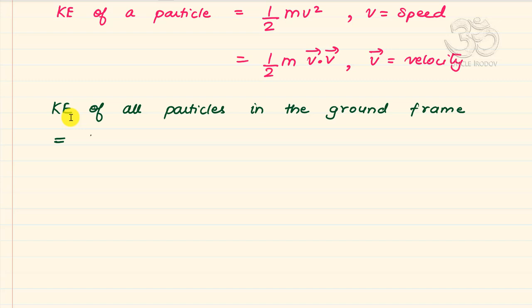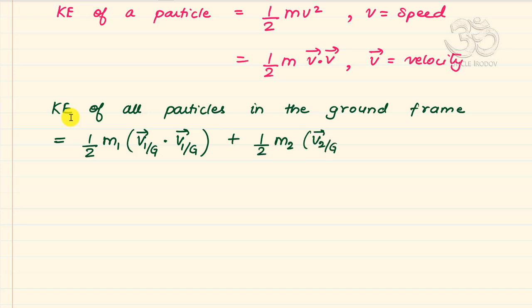So maybe half m1 and velocity of 1 in the ground frame dot velocity of 1 in the ground frame, plus half m2, and I'm going to have velocity of 2 in the ground frame dot velocity of 2 in the ground frame, plus so on. I will have n terms.